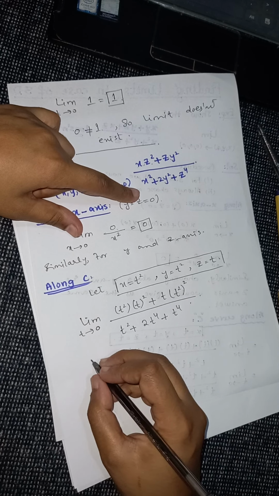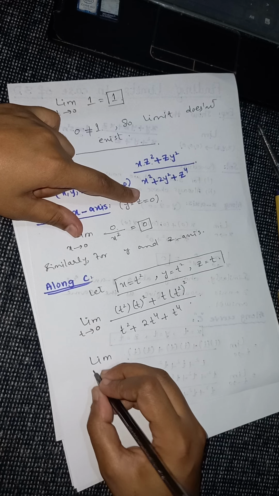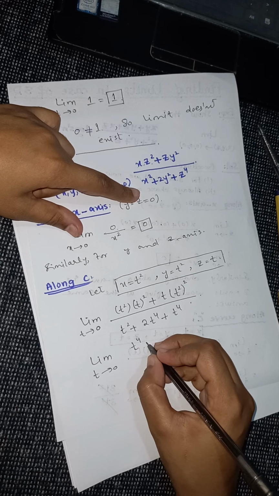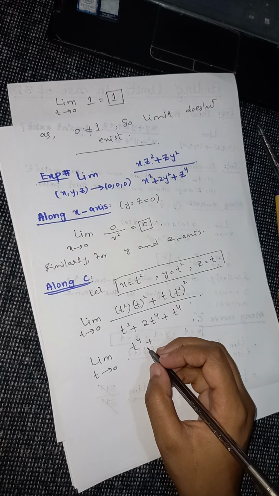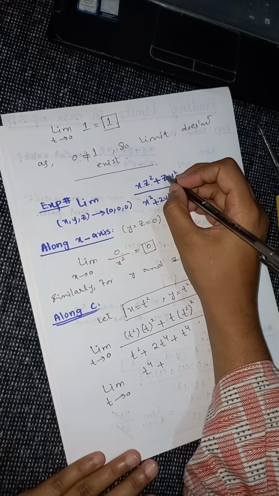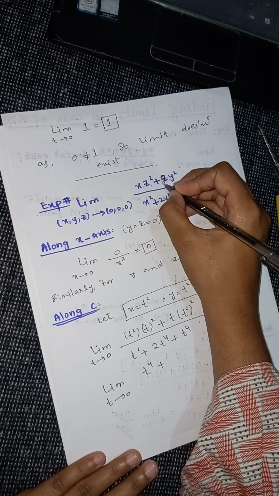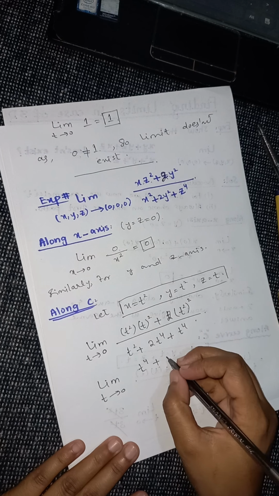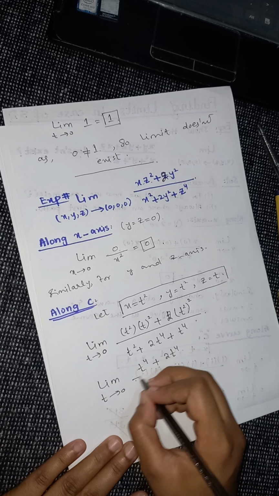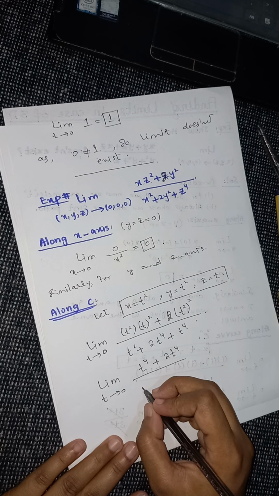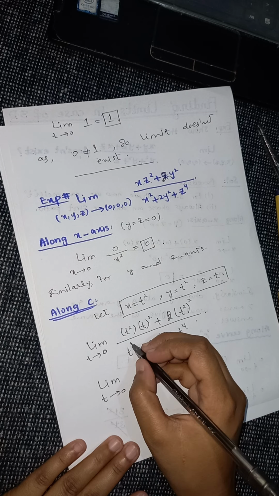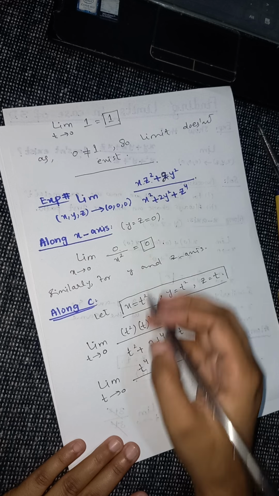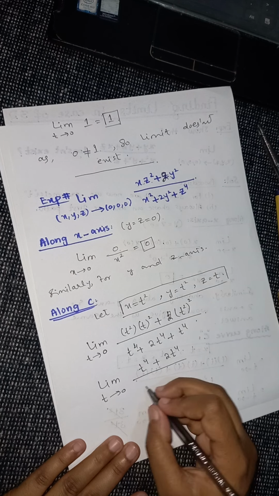Okay, students. Now here we will get limit t approaches to 0, t raised to power 4 plus, yes students, here it is basically 2, it is not equal to z. So I will get 2 t raised to power 4, divided by, in the similar way, basically here we have x is equal to t square, and 2 twos are 4, and that's why here we will get t4.